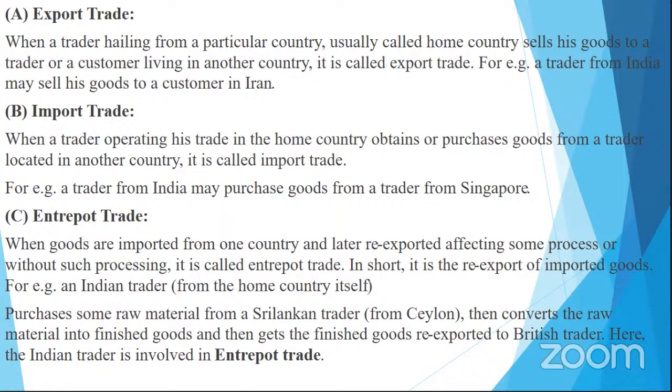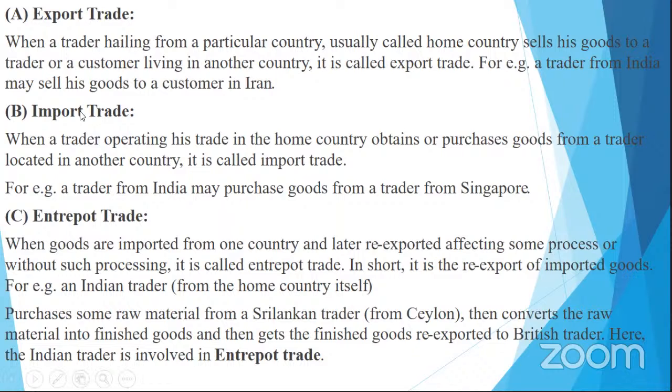When a trader hailing from a particular country, usually called the home country, sells his goods to a trader or a customer living in another country, it is called export trade. For example, a trader from India may sell his goods to a customer in Iran. If we export or sell to other countries, that is called export trade. If we import or purchase from other countries, that is called import trade.